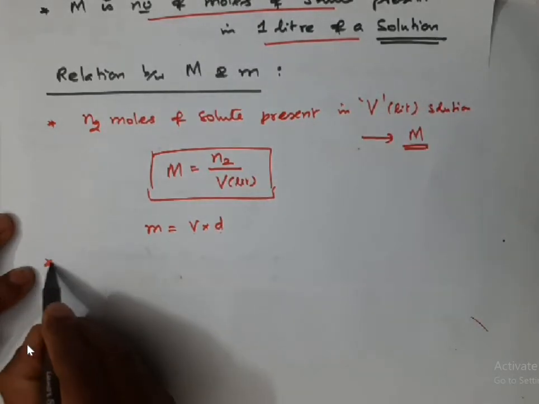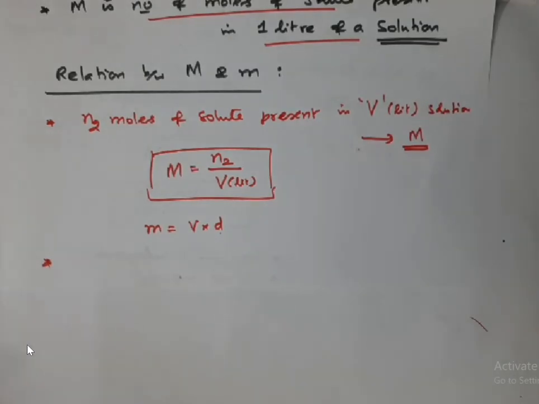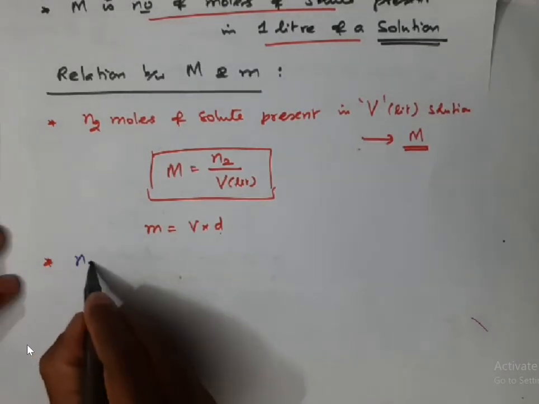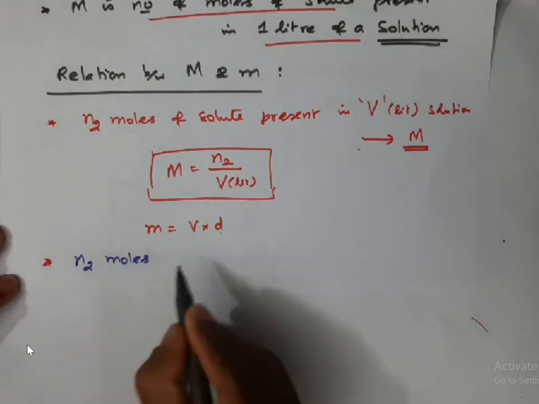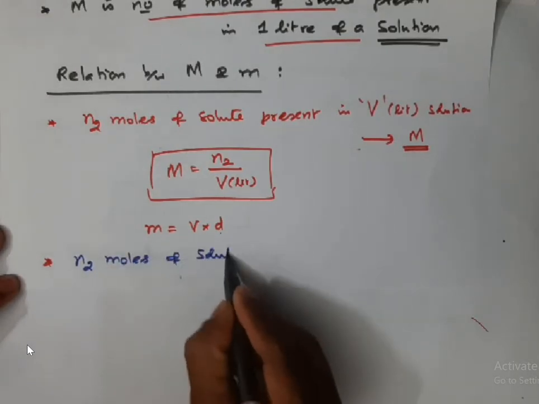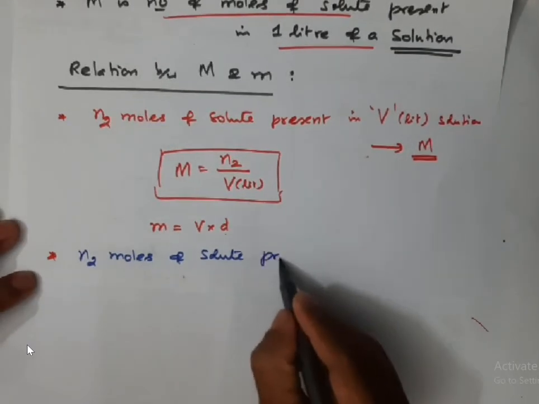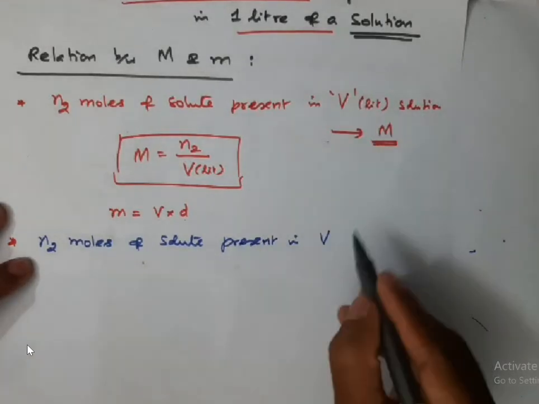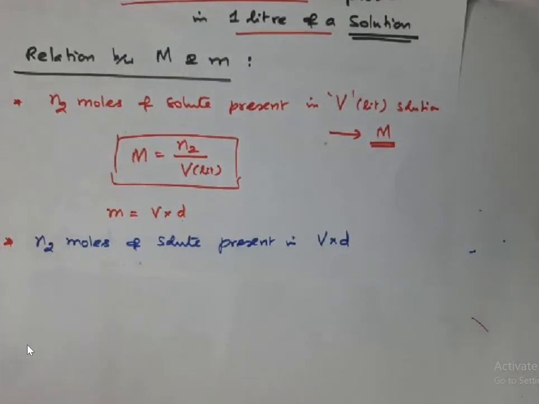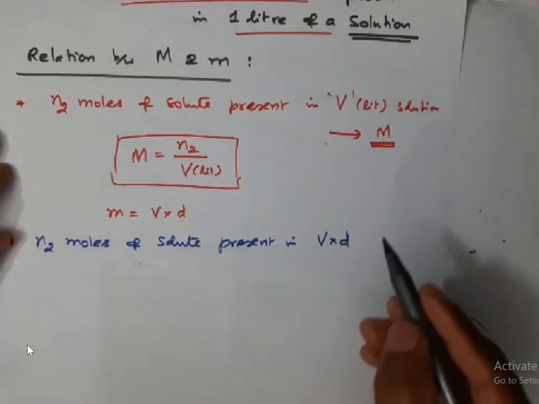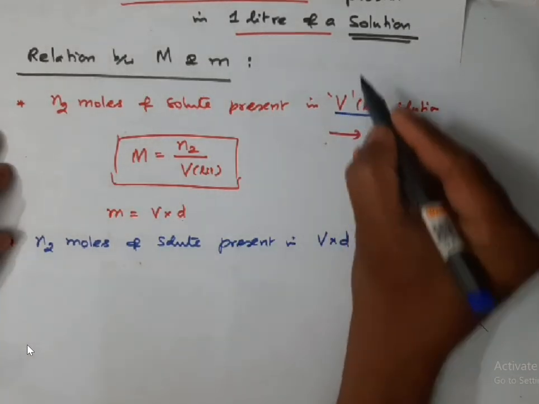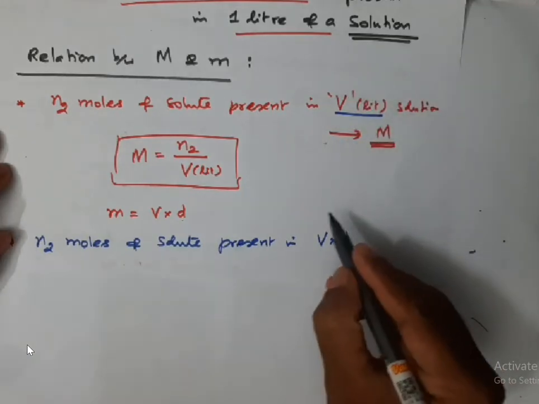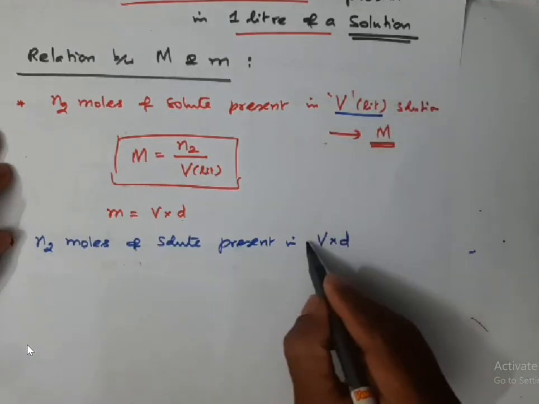So I can also write this as N2 moles of solute present in volume of the solution into density, right? Volume should be in ml, but here volume is in liter. First we will convert volume into ml, so you multiply this by 1000.